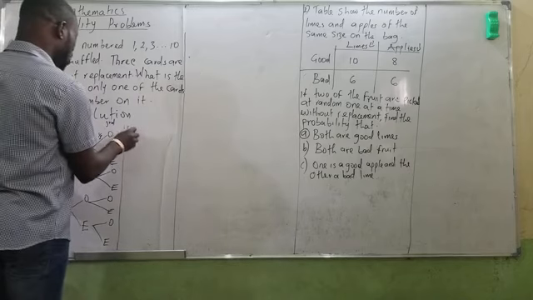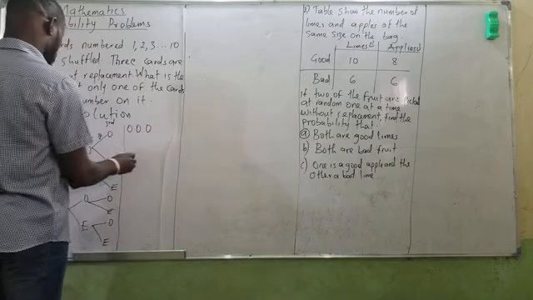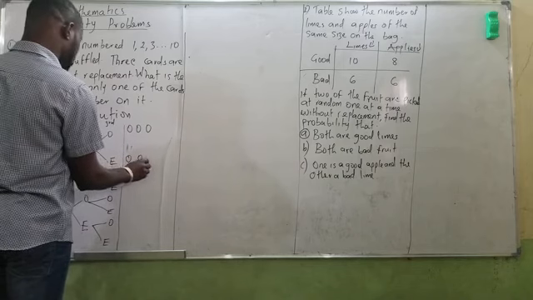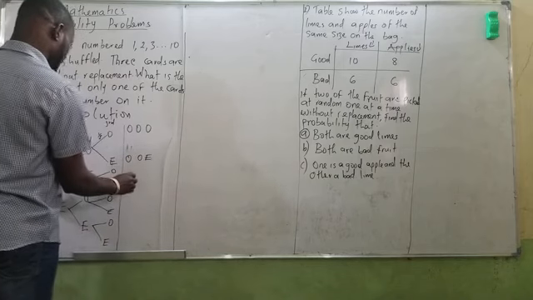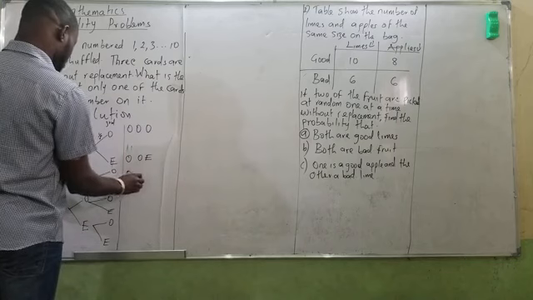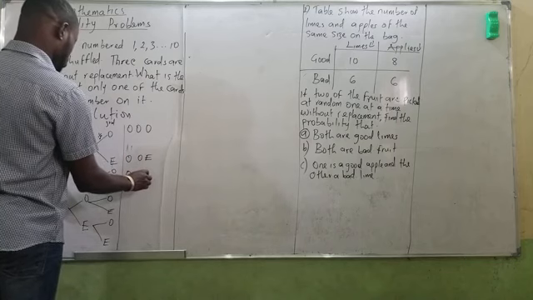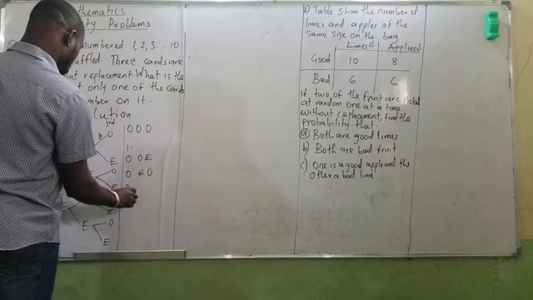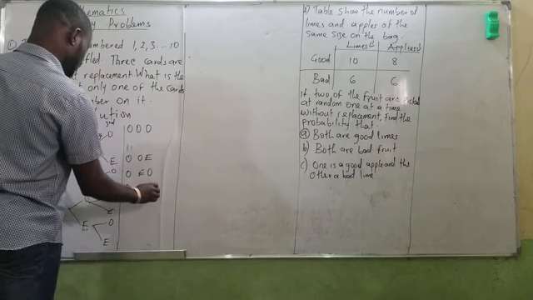Now the outcomes are: odd, odd, odd; odd, odd, even; odd, even, odd; odd, even, even.